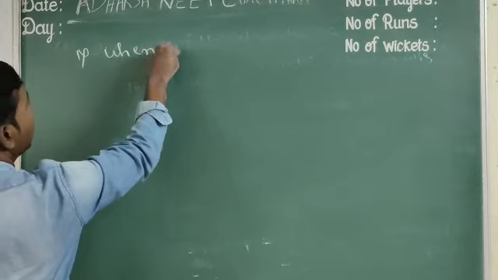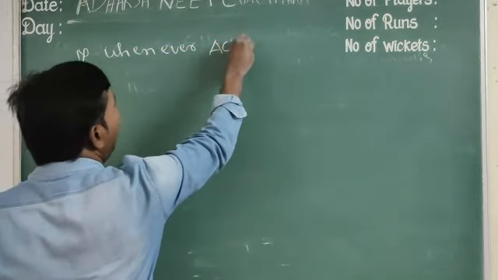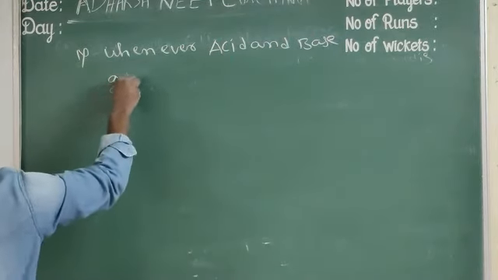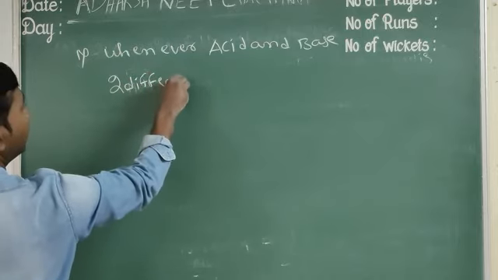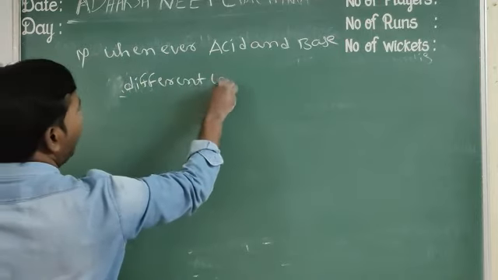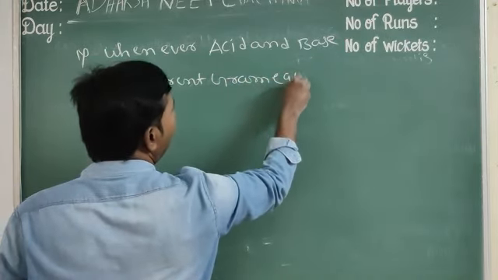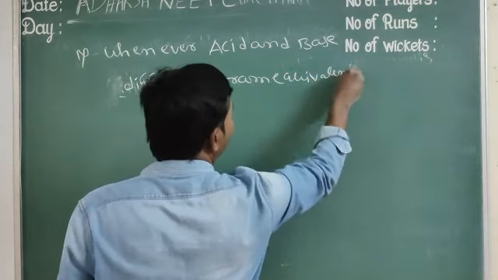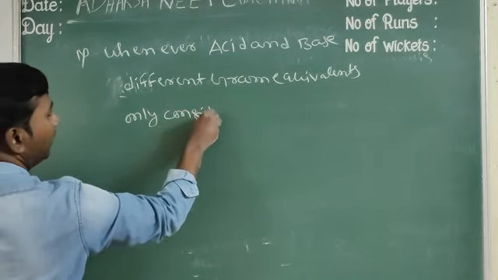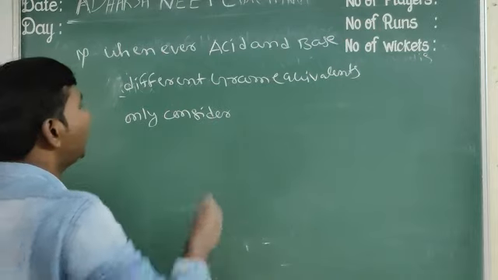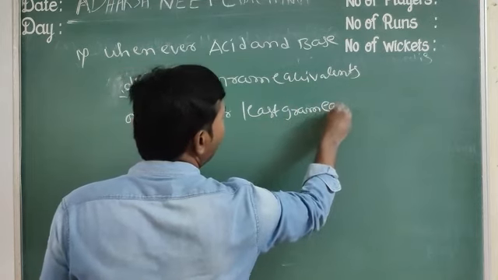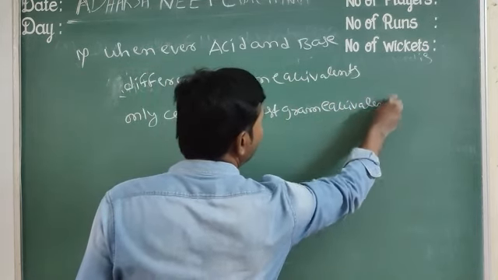Whenever acid and base have different gram equivalents, only consider the least gram equivalents.